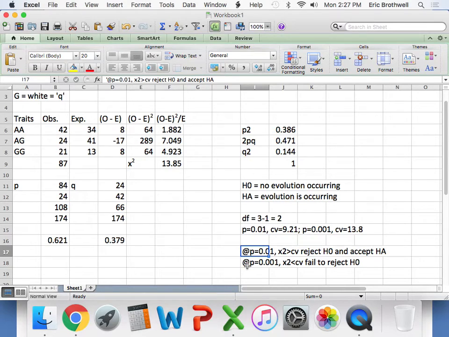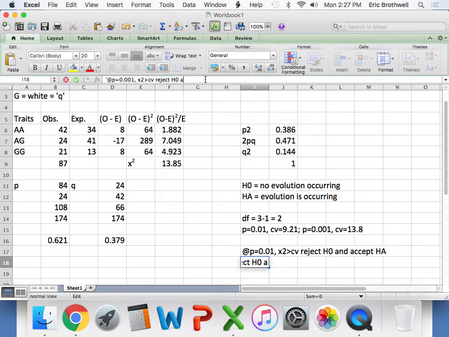If I'm okay being wrong 1 time out of 1,000, I'd say evolution is still occurring because the chi-squared value, sorry, it's still greater than... We reject the null and accept the alternative, no matter what.